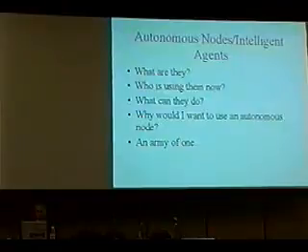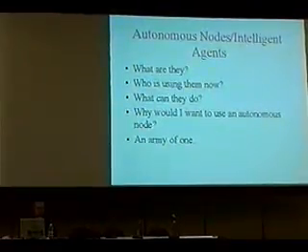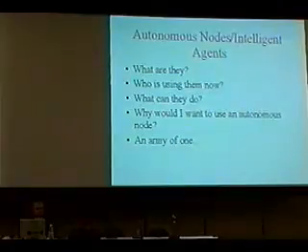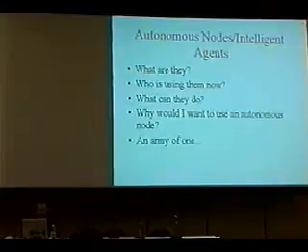The differentiation between an autonomous node and one of those agents is that the agent gets information and relies on your input to determine what it does and where it looks. An autonomous node, once you begin running it, does what it was programmed to do, and it doesn't care what anybody tells it to do from that point.